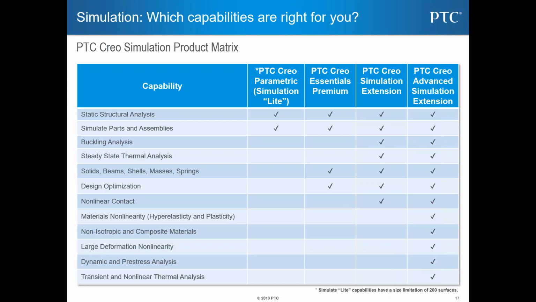For Creo Simulate, the simulation in the Essentials Premium package includes solid beams, shells, masses, and springs, as well as design optimization. It's all linear analysis, so it doesn't go as deep as the simulation extension does or advanced simulate.